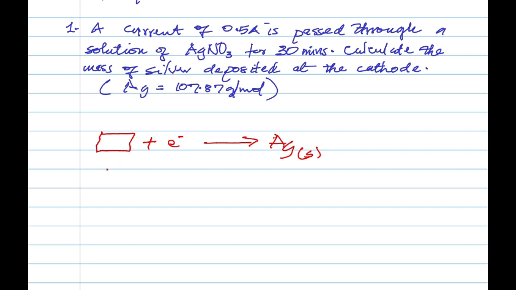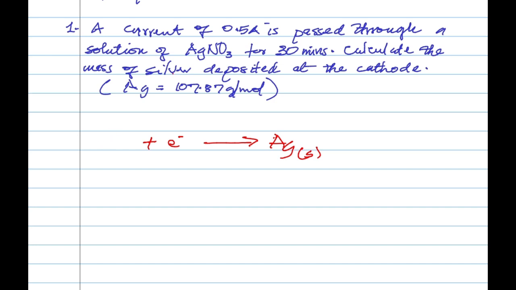Now, the next thing you are supposed to know is the charge on the silver ion. Is it going to be Ag plus or Ag 2 plus? You need to know this. Silver will lose only one electron, so the charge on the silver ion is just positive, not 2 plus. It can only lose one electron.